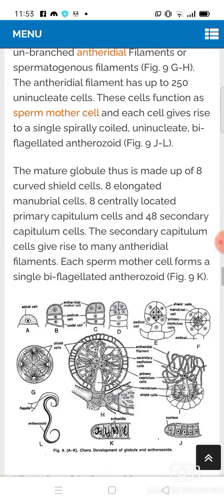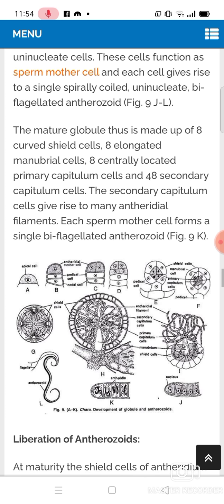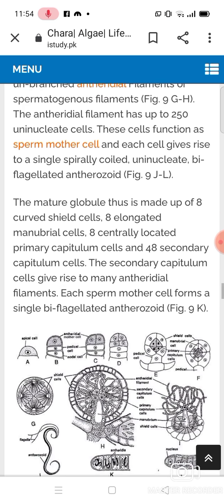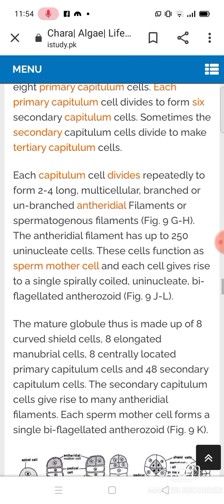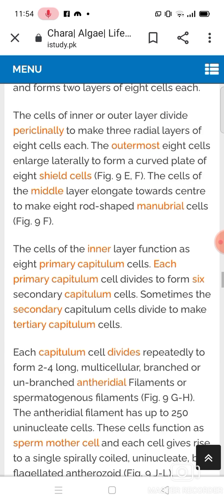Okay. As in the diagram, you can see the upper 4 cells will further divide, meaning cell division is a continuous process. These 4 cells further divide, and in figure F you can see those 4 cells go on dividing and make 8 cells which form an octet. Now in the octet, all the 8 cells will further divide, and in figure G you can see they make a filamentous type of structure, meaning cell division is a continuous process in the formation of the male sex organ or antheridium.